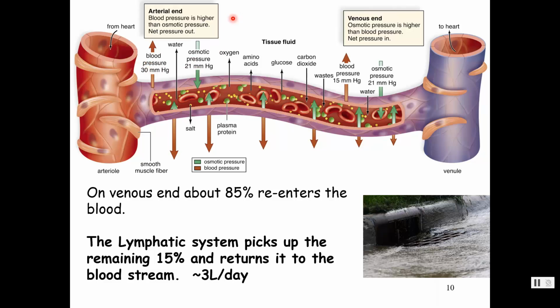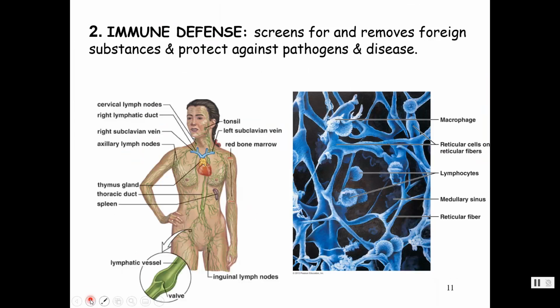So we've got that push out, bulk flow out on that arterial side. We've got osmotic pressure as the greatest force on the venous side, pulling things in. But we know that we leave some fluid out here because the force pulling in is not as great as the force out. And so it is that lymphatic system's job to pick up the remaining 15% and return it to the bloodstream. That's roughly about 3 liters a day. You kind of need that to occur.